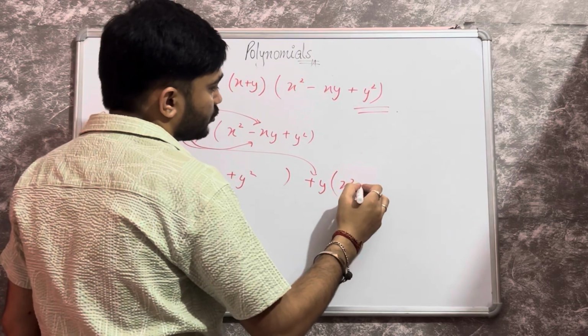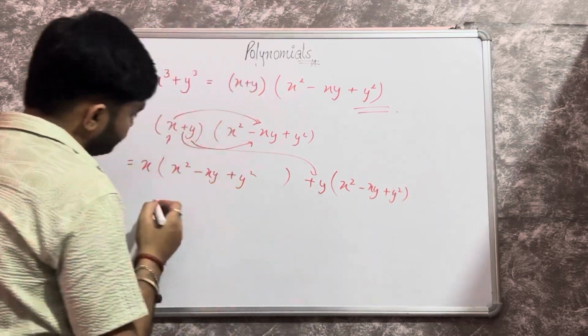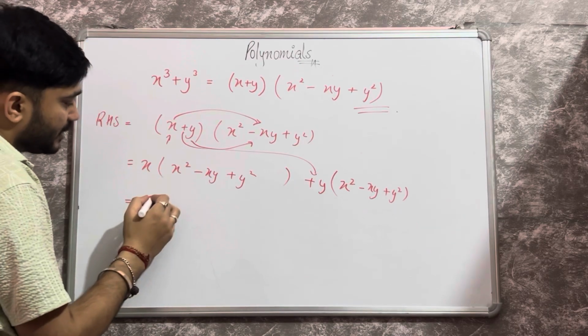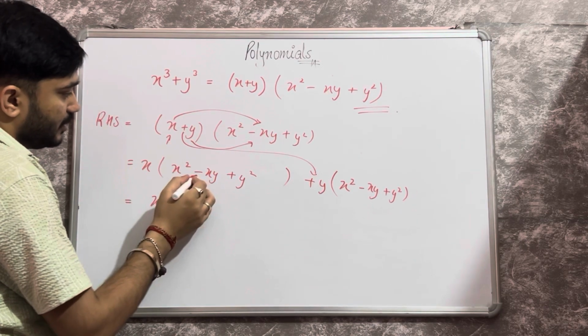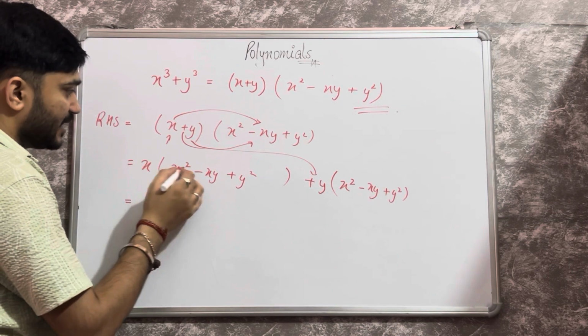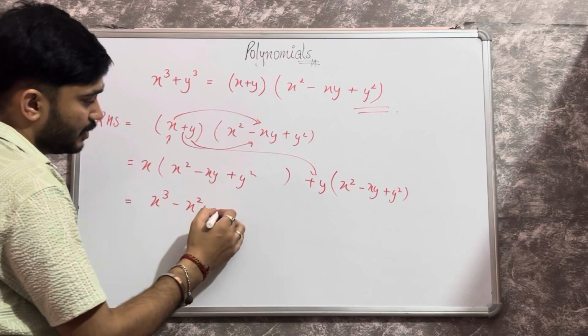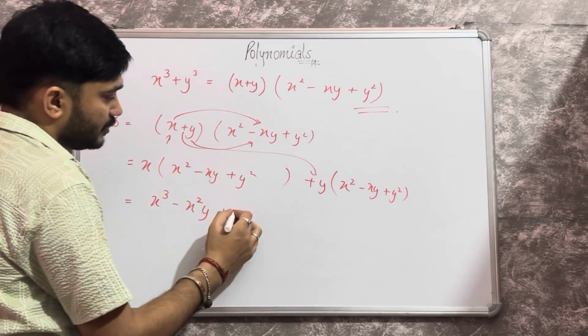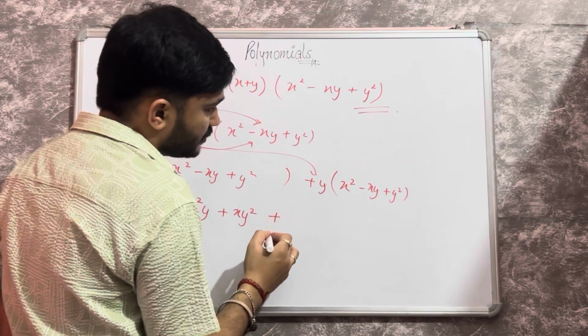You will get x square minus xy plus y square. x into x square is x cube, x into minus xy is going to be minus x square y, plus x into y square is xy square.